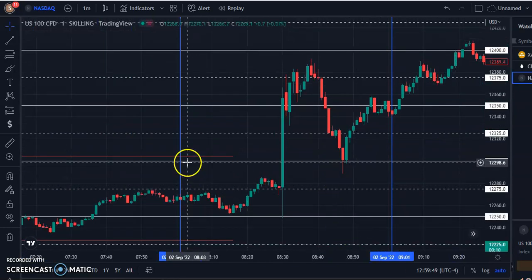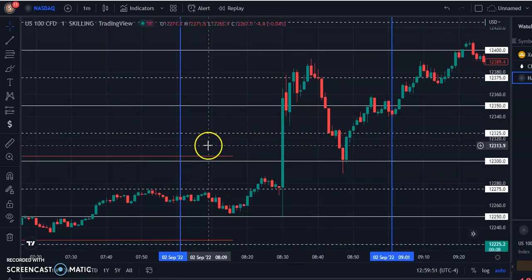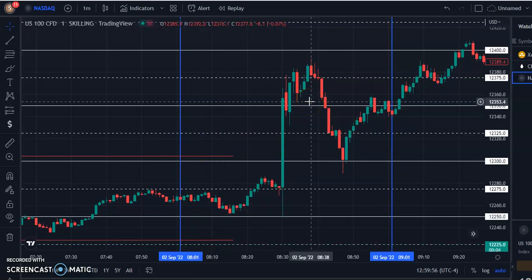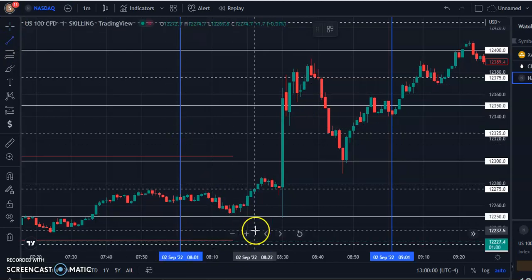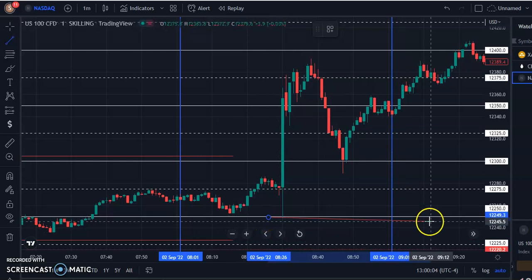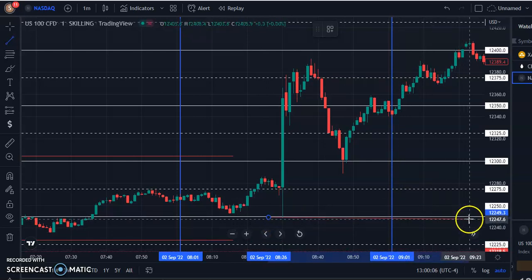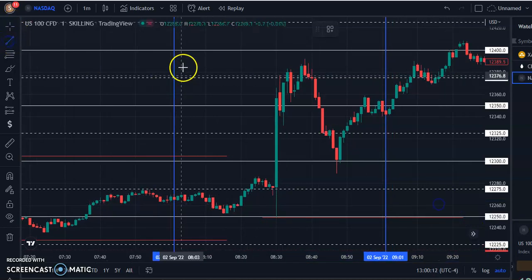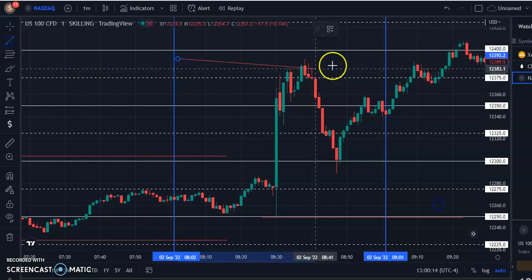These two lines represent my first hour, and this was the big burst. As Stacy Buck always says, where the pin starts, that is where you draw your line. So that was the low of the session, and this was the high of the session.